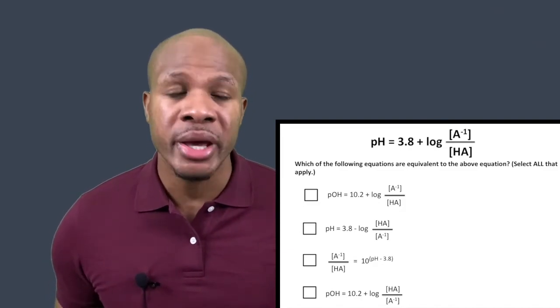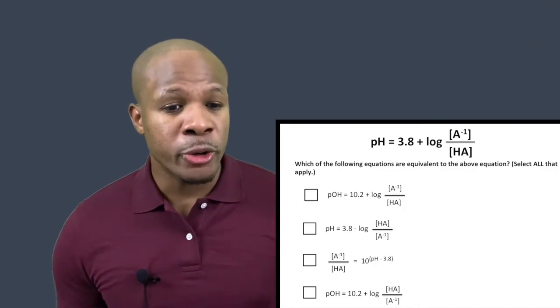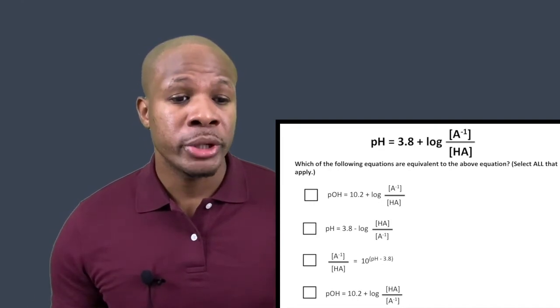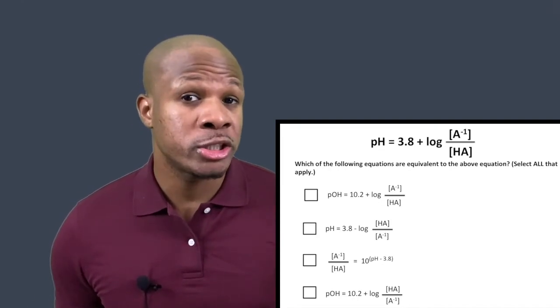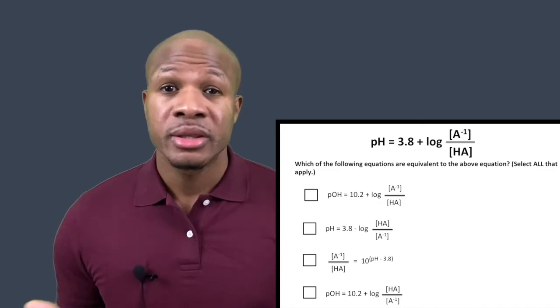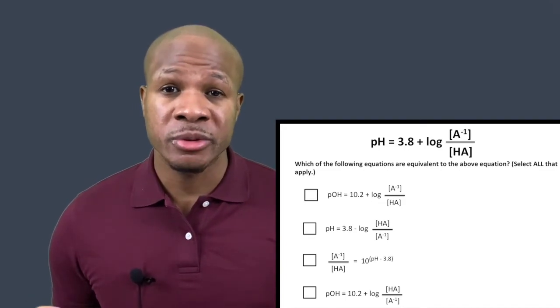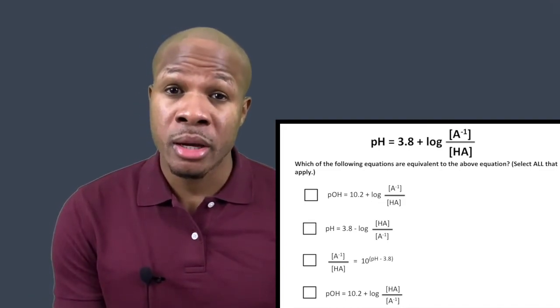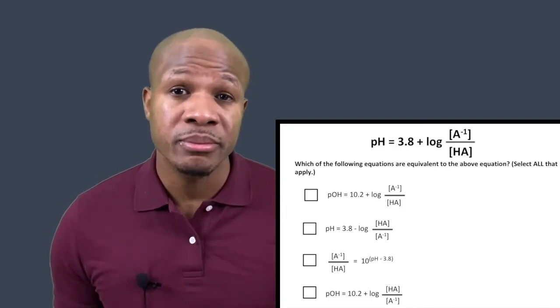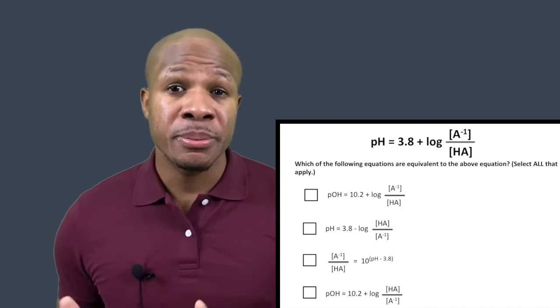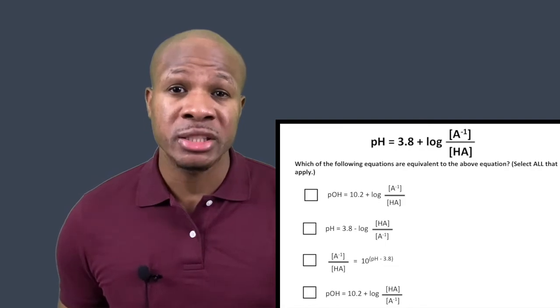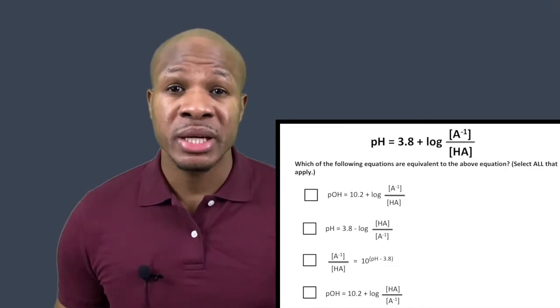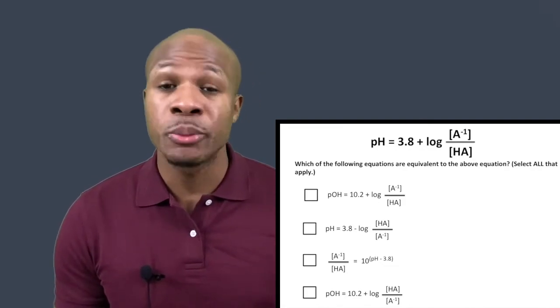Okay, so let's go ahead and do that. Choice 1 says pOH is equal to 10.2. So 10.2 should be equal to the pKb. The pKa and the pKb add up to 14, and our given pKa was 3.8, which means that the pKb should be equal to 14 minus 3.8, and 14 minus 3.8 is 10.2.